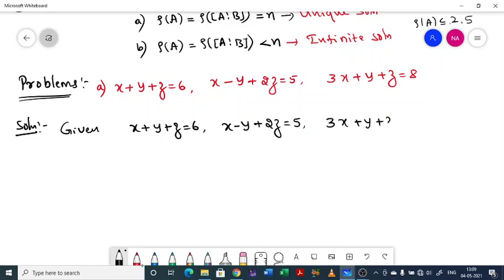That is most important. Collecting the data is most important. Next, the augmented matrix. So second step, you have to write the augmented matrix.